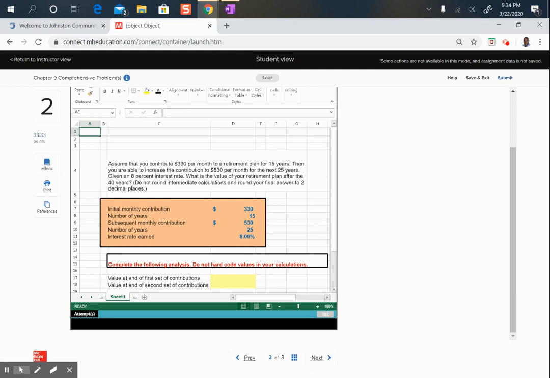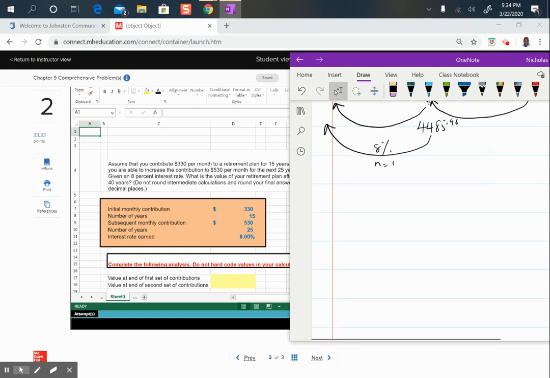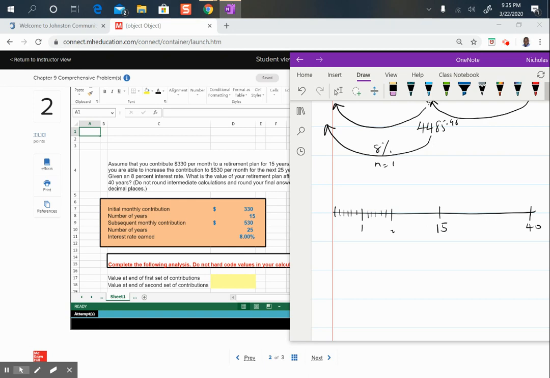So again, if you draw this on a timeline, you're talking about a case of 15 years and a case of additional 25 years, so you end up getting to 40 years. These contributions are made every month. So even if this was year 1 and this was year 2, you're making contributions every month, but how much you're contributing, in this case, is 330.